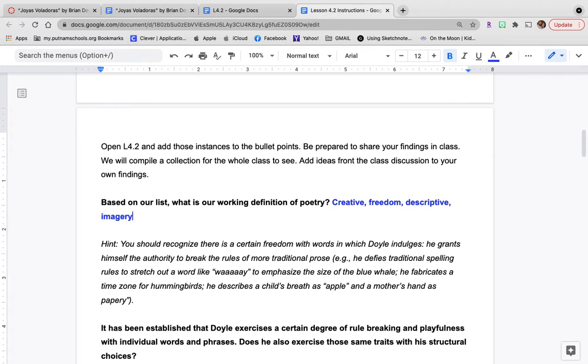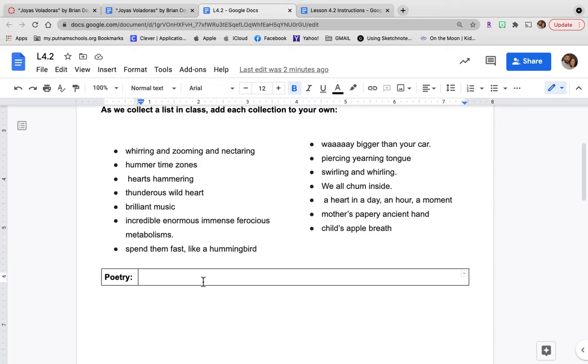So based off this hint, these words, how can you create a working definition? So you could think of when writing poetry, and I know it says poetry right here, but you could put something along the lines of more creative writing that's less constrained to traditional formats.